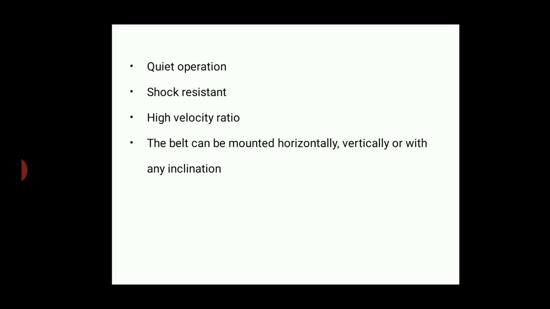The belt can be mounted horizontally, vertically, and with any inclination. This is a very important advantage of the V belt drive. So the motion can be transmitted from the driving pulley to the driven pulley horizontally, vertically, or with any inclination. But the limitation is it can't be used for a longer distance.